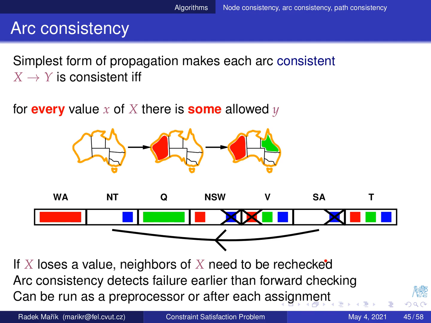Finally, we can find that if SA is blue and T, because it is South Australia and Northern Territory, these two states cannot be blue as well. So we need to drop blue for SA, and we know that there are no legal values and it is a failure. So basically we can immediately return back.